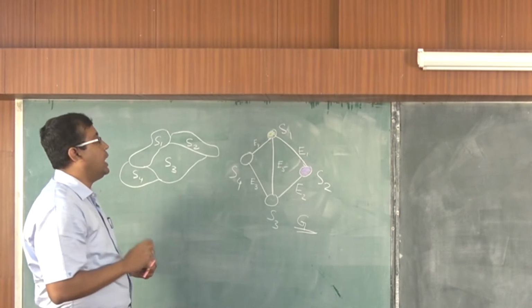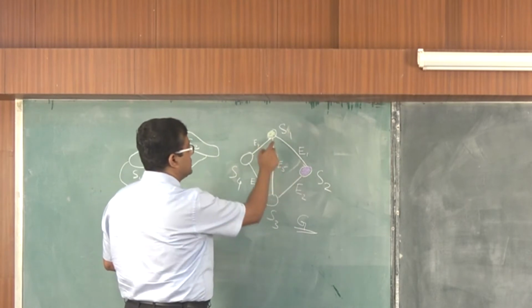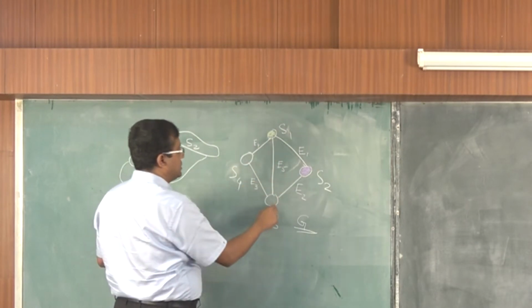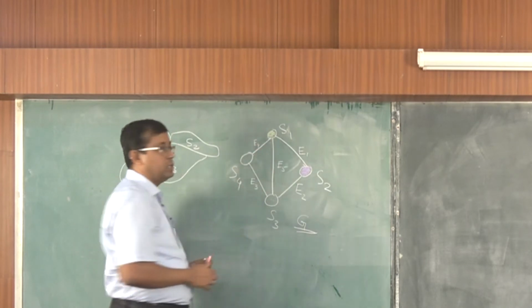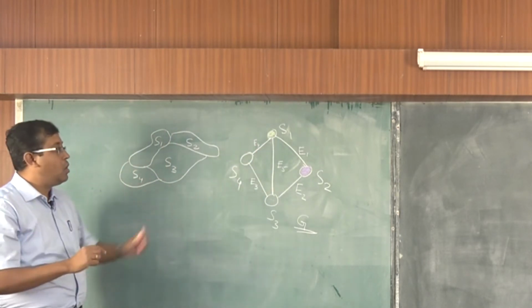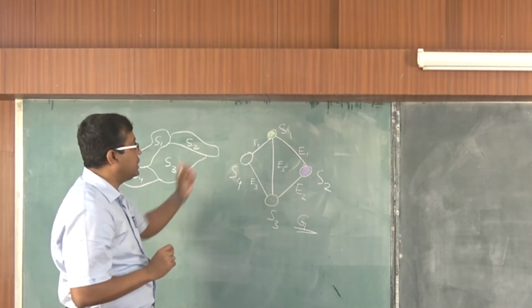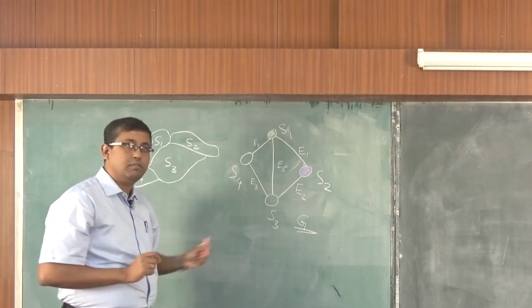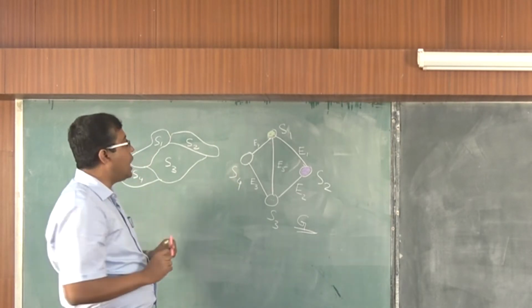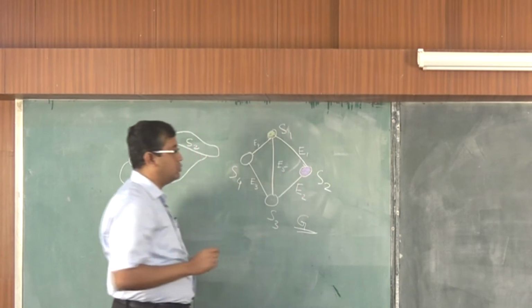Now we check the adjacency of S1. So S2 is adjacent to S1, S3 is adjacent to S1, S4 is also adjacent to S1. So actually all the other 3 vertices are adjacent to the vertex S1. So we cannot use the color green for any of these 3 vertices. Now we move on to the next vertex, which is S2.